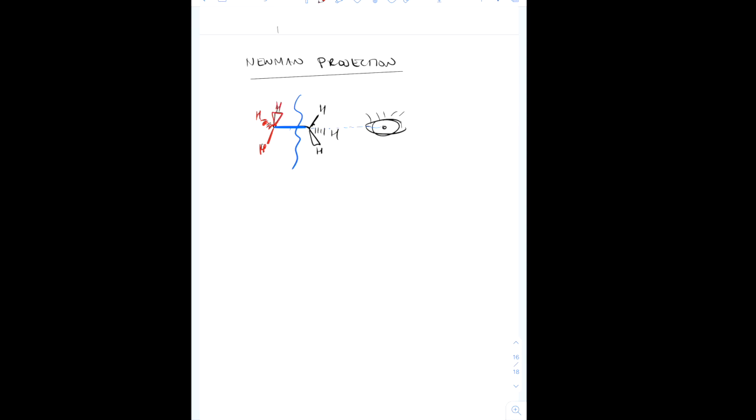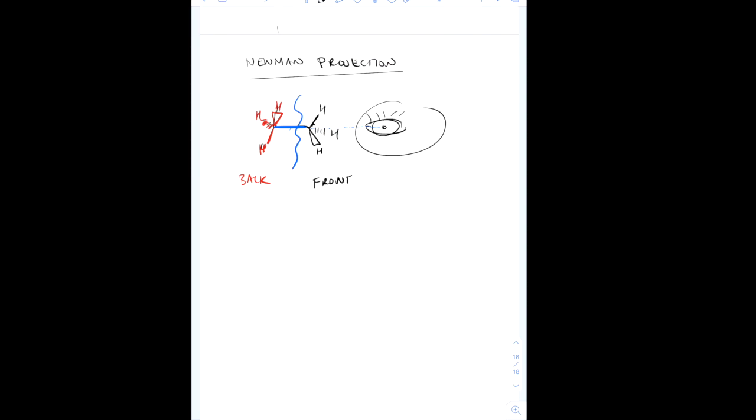So this one on the left side is going to be in red, and the one in black is on the right. If we wanted to identify which part of that molecule we see first, or which is the front, which one do you think it would be? If we're looking from this side, then this must be the front, right? And if that's the front, then this is the CH3 in the back.